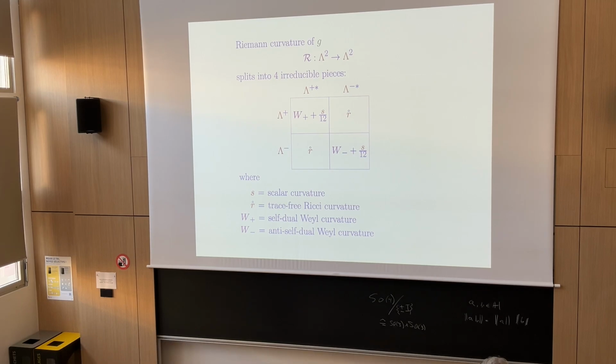These other two pieces are called the self-dual Weyl curvature and the anti-self-dual Weyl curvature. If you've never heard of the Weyl curvature before, this would seem very mysterious. But Hermann Weyl was the first person to study what piece of the curvature tensor is algebraically independent from the Ricci tensor. There is a piece of the curvature which has nothing to do with the Ricci curvature that you read off from a trace.